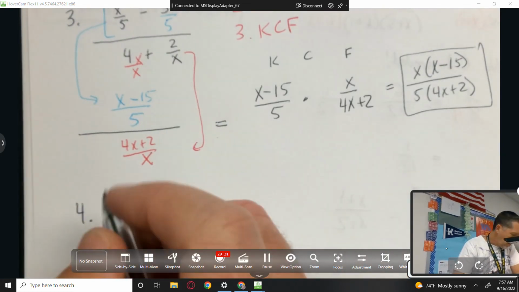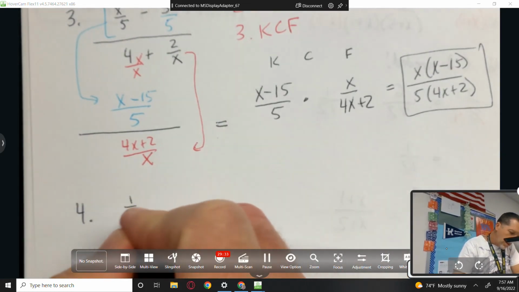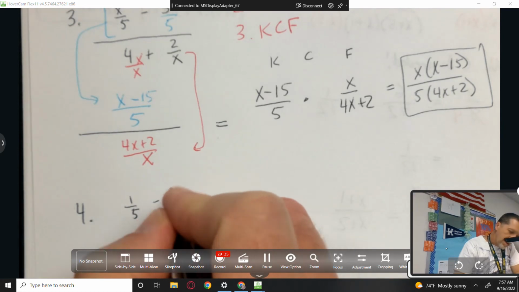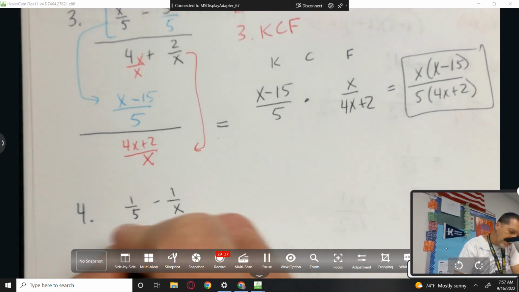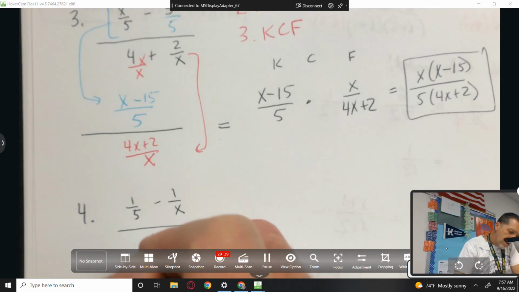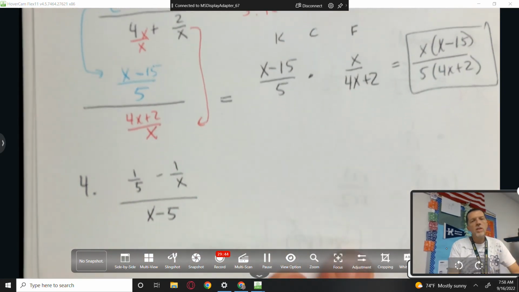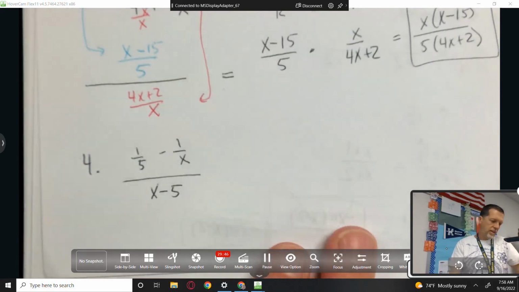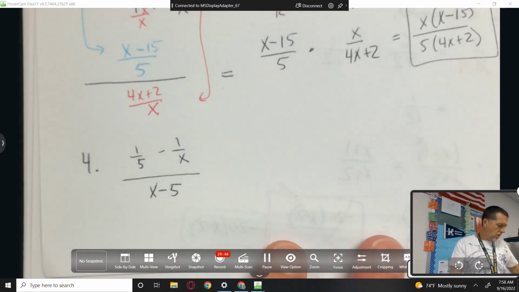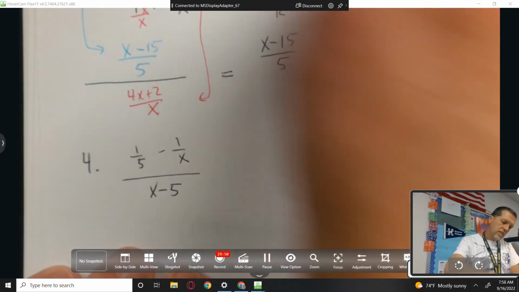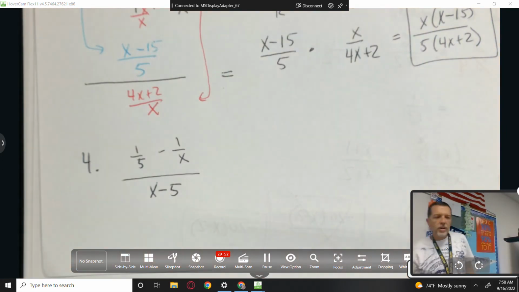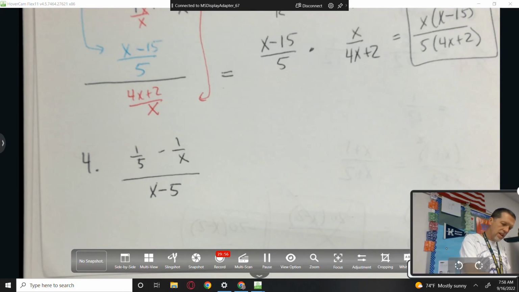Last one. 1/5 minus 1 over x, over x minus 5. 1/5 minus 1 over x, over x minus 5. So how do I fix the top?